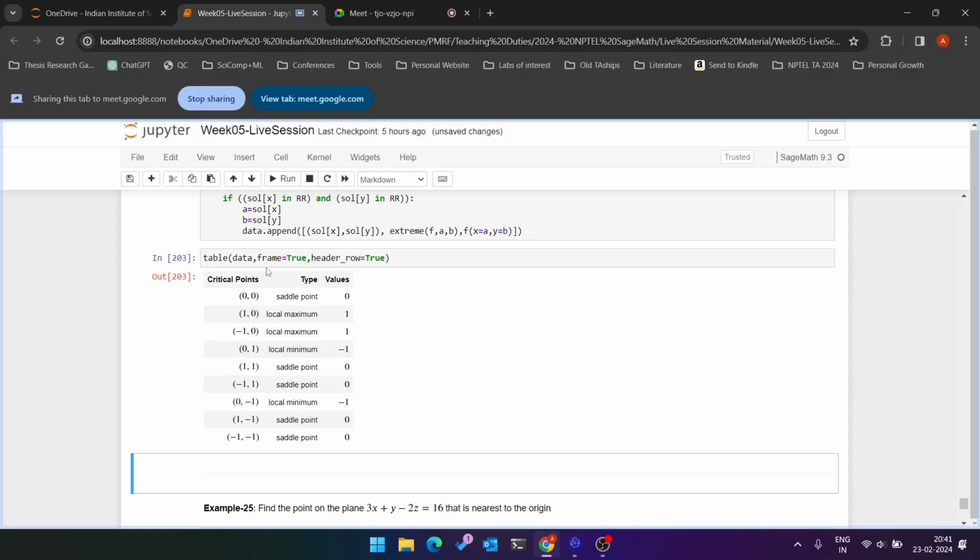It looks like this. So you have few critical points. Total of, I think there are 9 critical points, 0, 1, minus 1, and 0, 1, minus 1, respectively for x and y. And this gives us the value for all the points. And you can see that there are 2 local maxima, 2 local minima, and 5 saddle points.